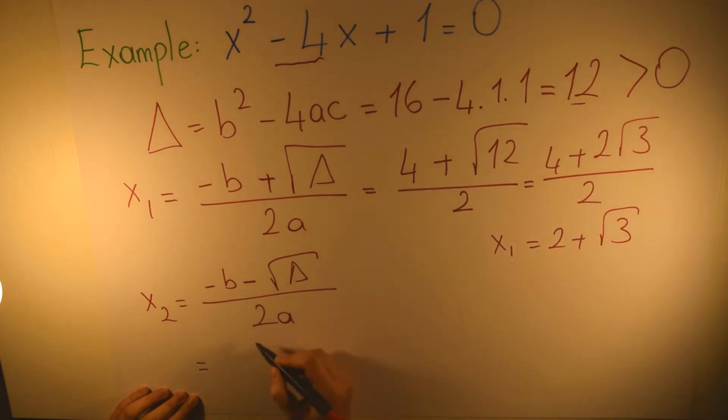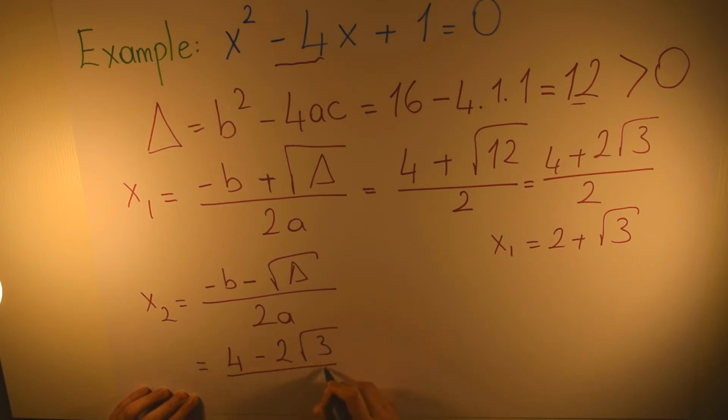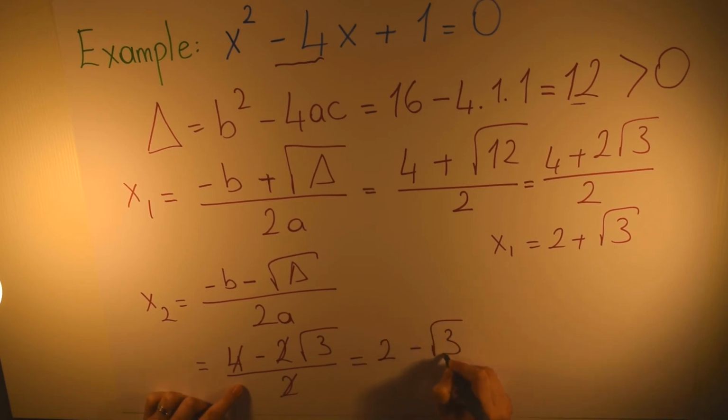So here we get 4 minus 2 square root of 3 over 2, which, when you divide all of them by 2, you will get 2 minus square root of 3. As you can see, this is our second solution.